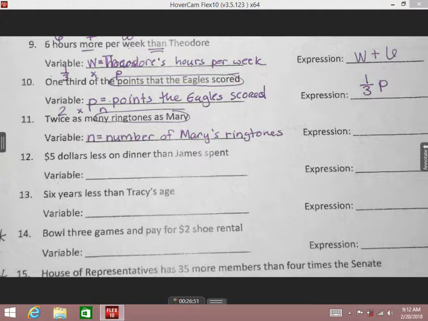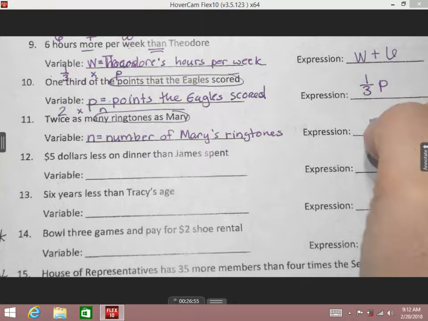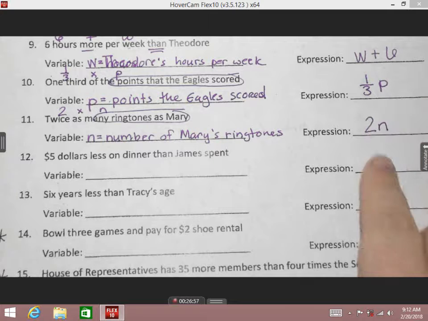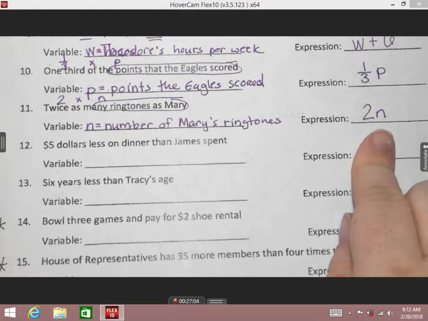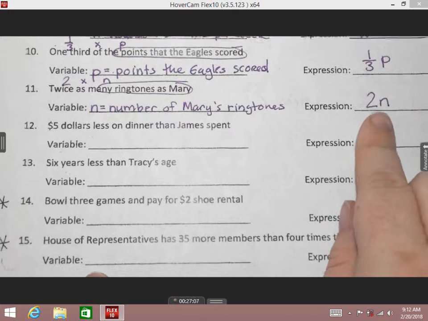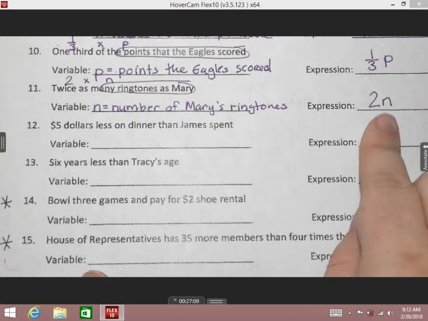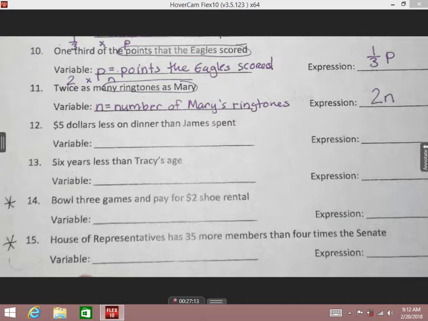Maya, can you help me out? How do I write 2 times N? 2N, very good. Alright, so guys, we say this is a new way, but we've been doing this in our math workshop for the last full 9 weeks, I would say. So the second 9 weeks we've been talking about starting to replace that. Well, here it is. If you haven't been starting, now you've got to. We've got to replace that. We've got to change it out.